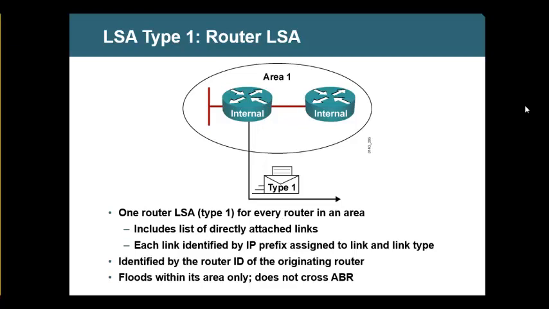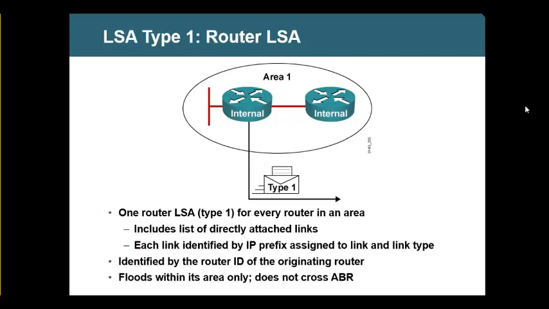So it is this LSA, this advertisement, that makes one router know about the networks of the other router in that area. But this advertisement will not be given to the next area. This is only for those routers that are inside the area.